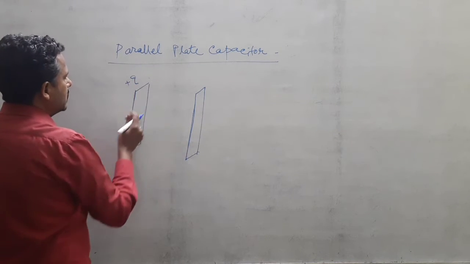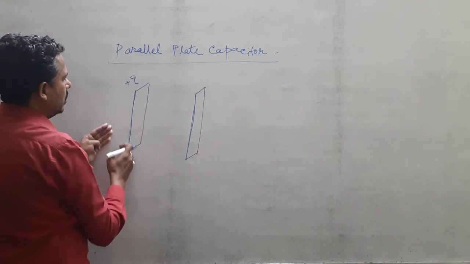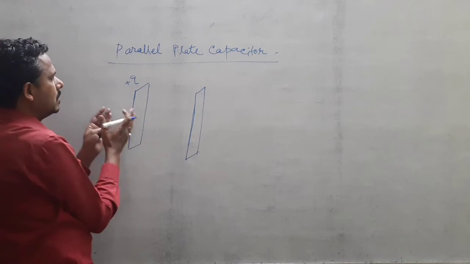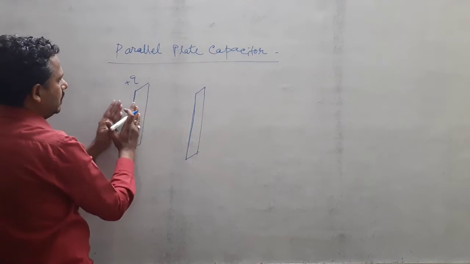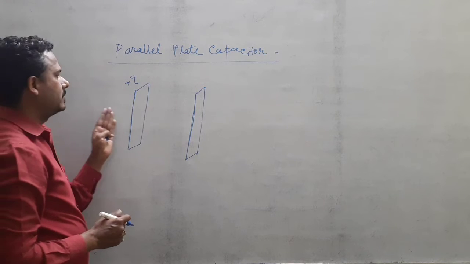This positive charge will be distributed over its whole surface. There are two faces of this plate, one at right and another at left.